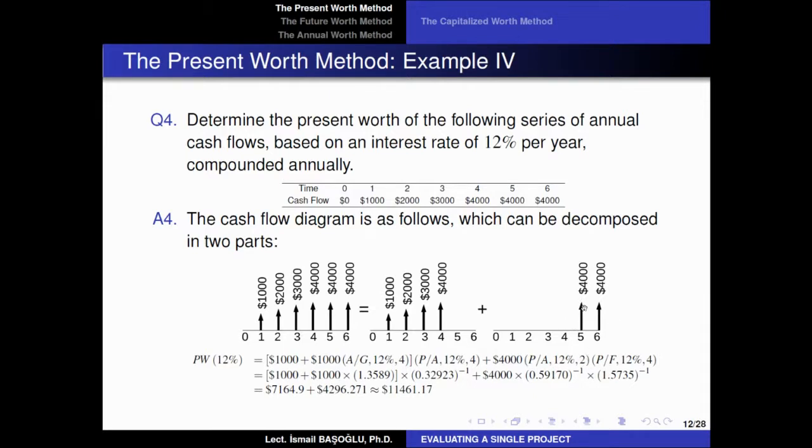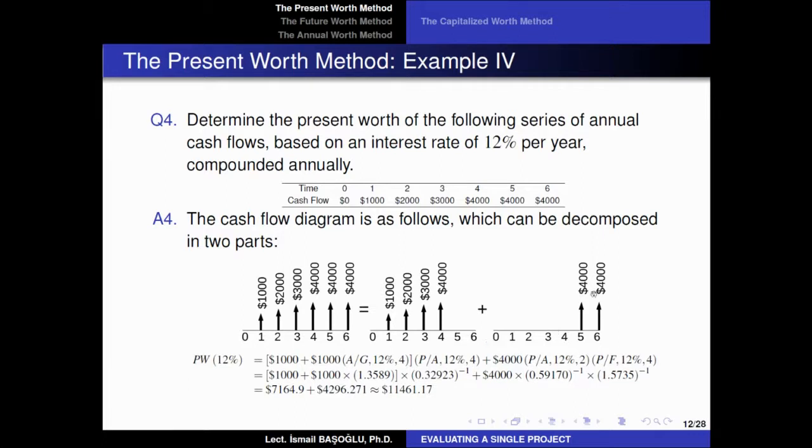However, after discounting these 2 uniform payments to the end of the 4th year, we need to multiply that value with an additional single payment present worth factor. So we are going to convert that value to present worth at time 0. So by multiplying that value with single payment present worth factor under 12% interest rate for 4 years, we will be discounting it to time 0.